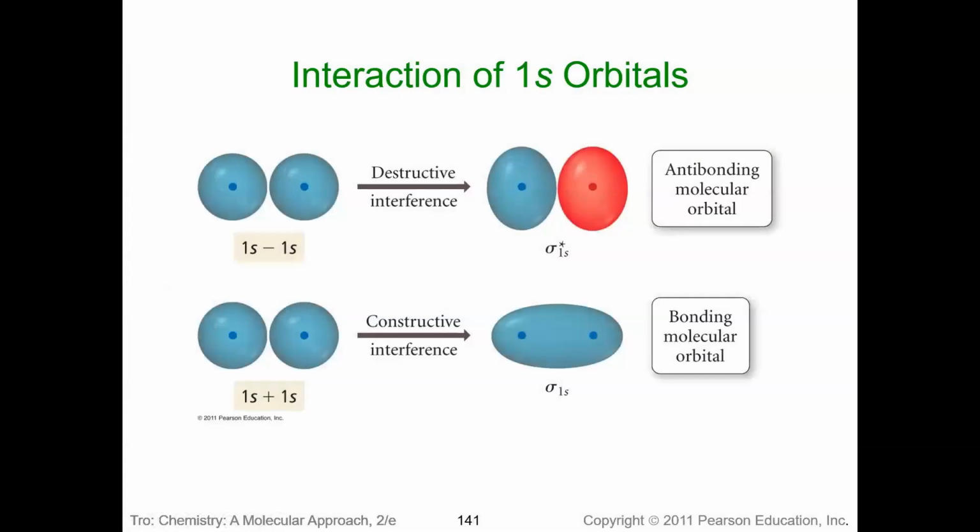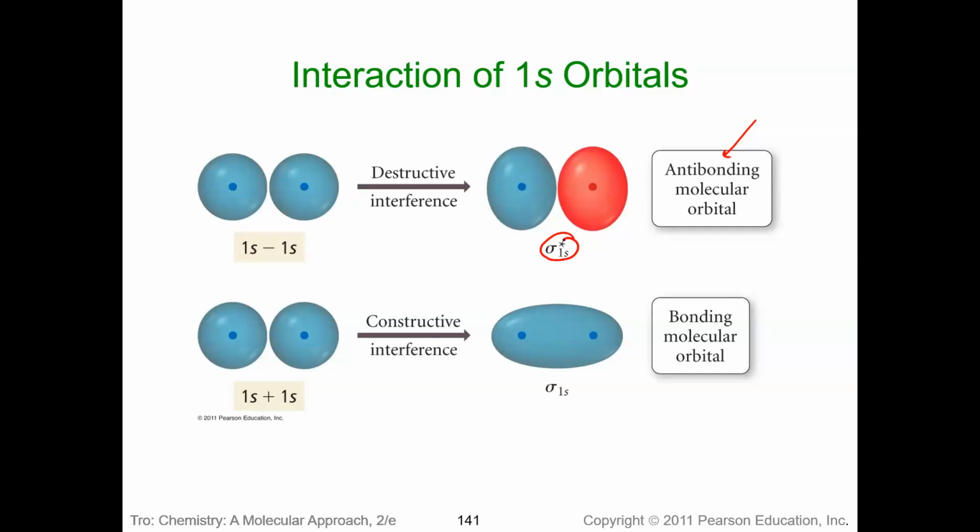So here's what they look like. Here is, we'll just say hydrogen, right? It has one electron in each 1s orbital. With destructive interference, we call this the sigma star 1s orbital. This is the anti-bonding orbital.